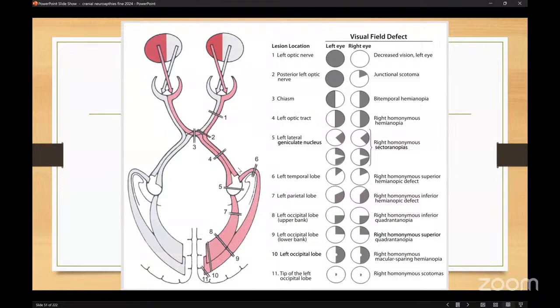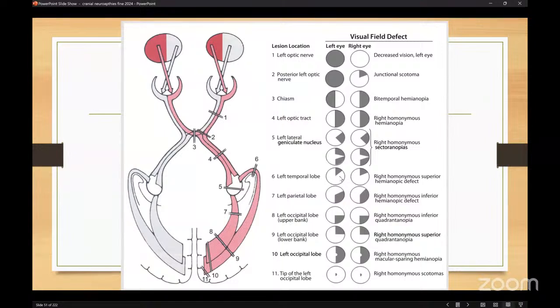Left lateral geniculate body will give rise to sectoranopia. Here also, whether it is the anterior choroidal artery or the posterior choroidal artery matters. If there is infarction of the anterior choroidal artery, it will give rise to sector-sparing hemianopia. Whereas if it's the posterior choroidal artery, it will be sector-involving hemianopia.